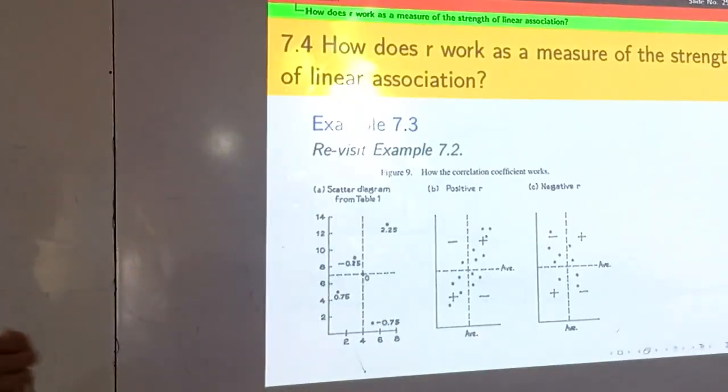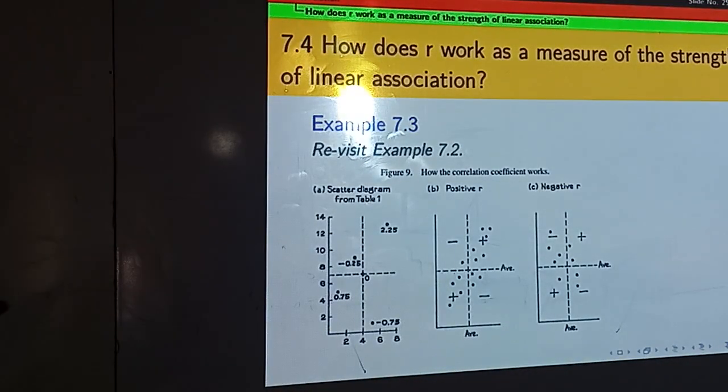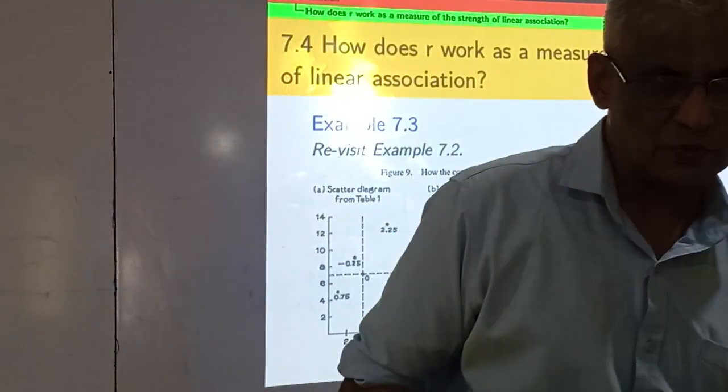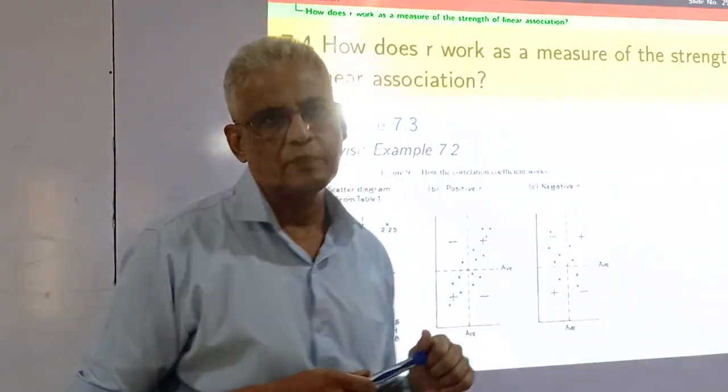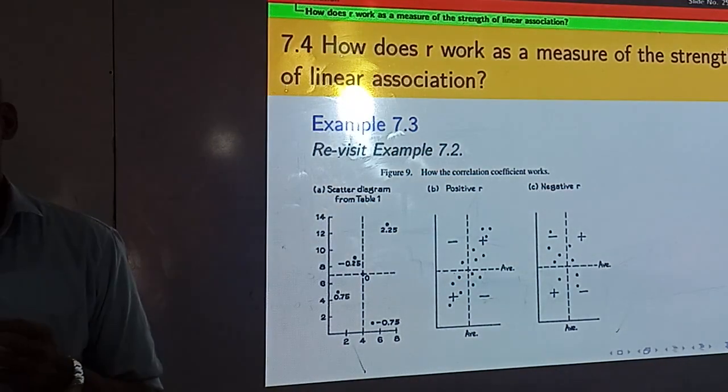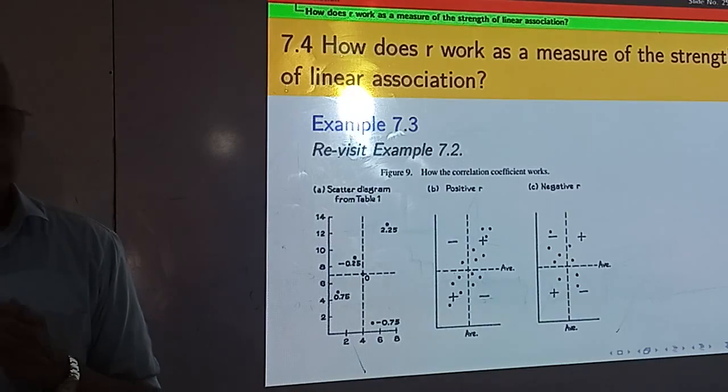Right? So let's see how, for example, when you have a positive linear relationship, why R becomes positive. When you calculate R, why does it become positive? When you have a negative linear relationship, why do you get a negative value for R?